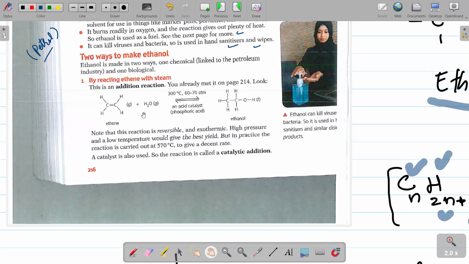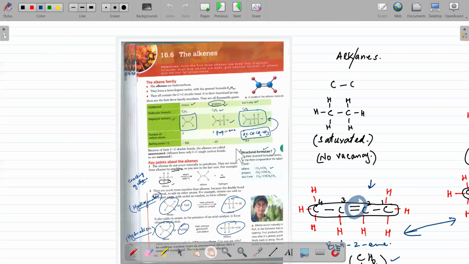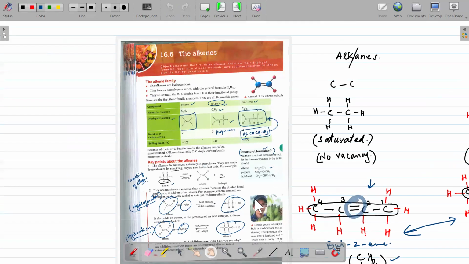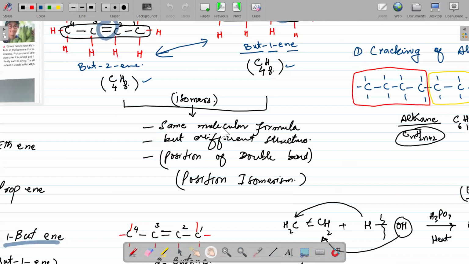Now, as we discussed, how can we prepare ethanol? We have seen this reaction in our previous discussion: ethene reaction with water, the addition of water.